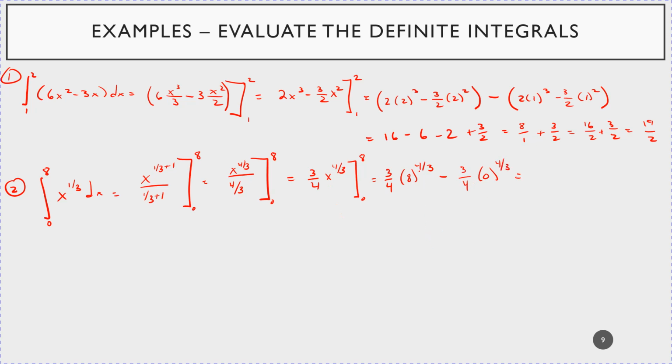We'll do the third root first. So the third root of 8 is 2. 2 to the 4th power is 16. This is just 0 whenever you have a 0 in here.